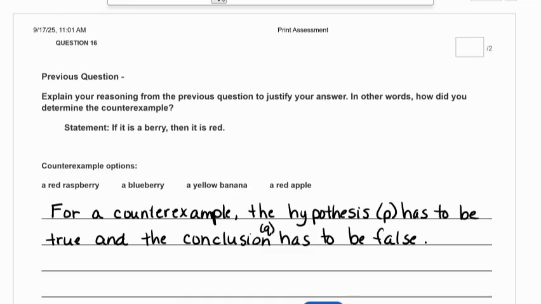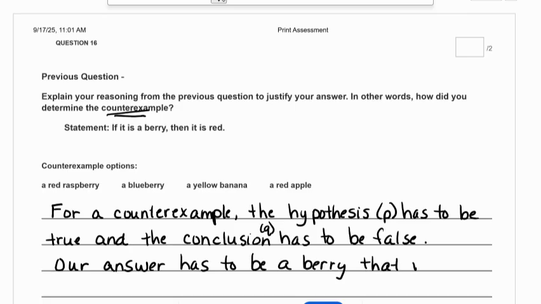Because remember, for a counterexample, we're trying to prove me wrong. That's why the conclusion has to be false. So whatever we choose, our answer has to be a berry that is not red.